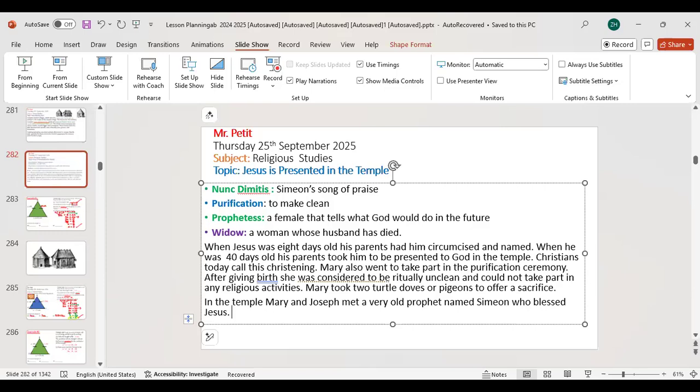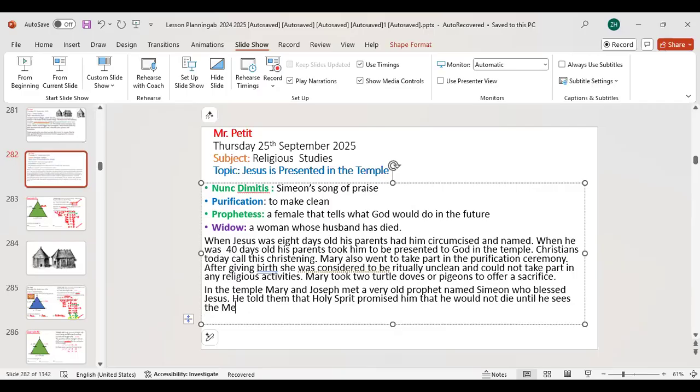He also said that the Holy Spirit had promised him that he would not die until he saw the Messiah.